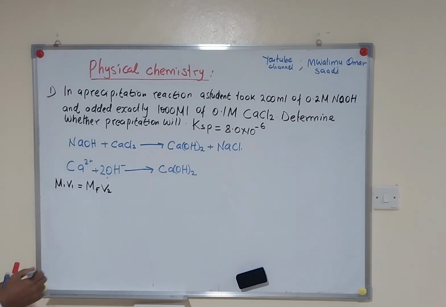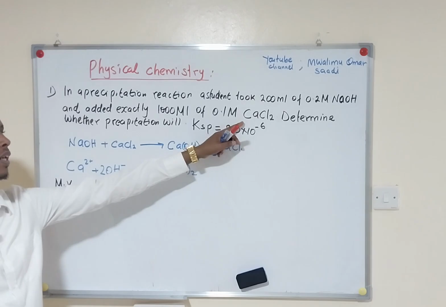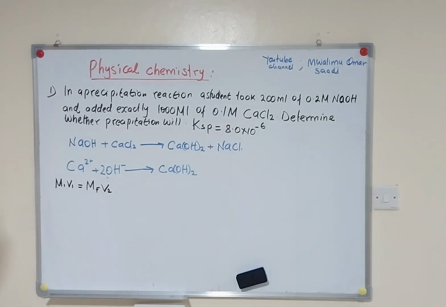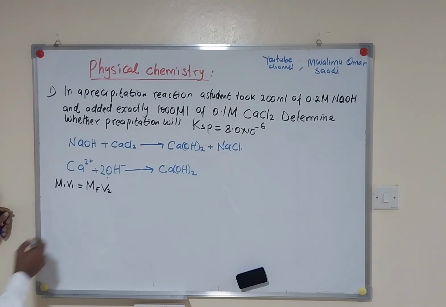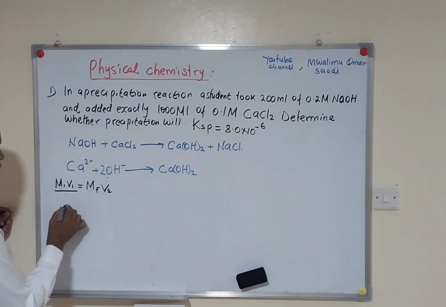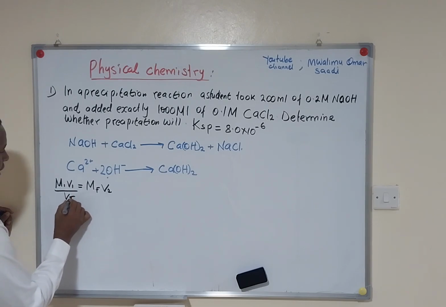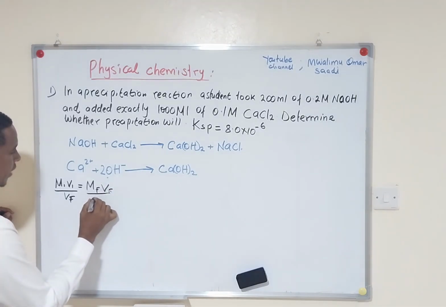the final volume. So for the case of calcium ion, here we have 1000 ml of 0.1 molar calcium hydroxide, calcium chloride I mean. To get MF, that is the final concentration, we need to divide by the final volume on this side.